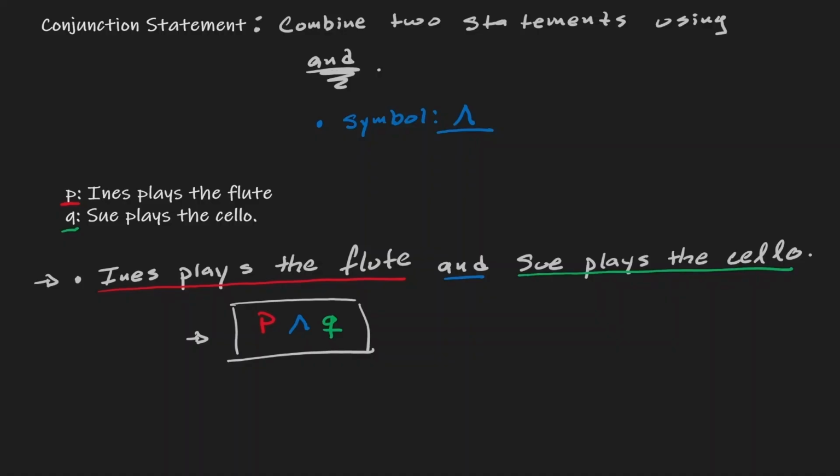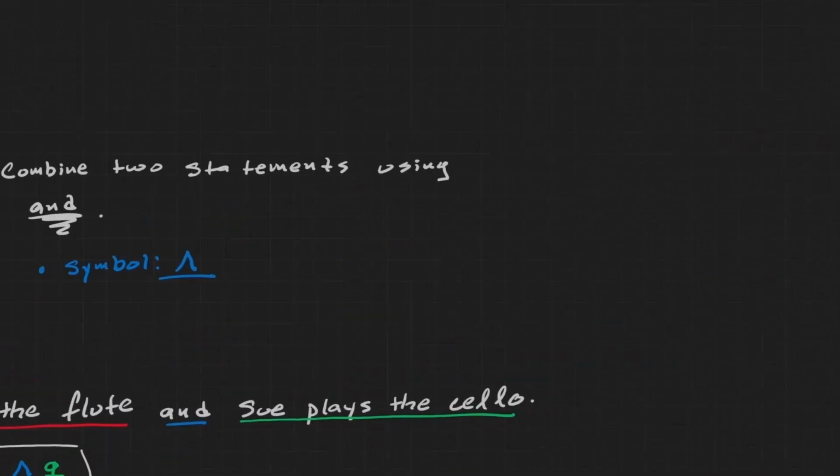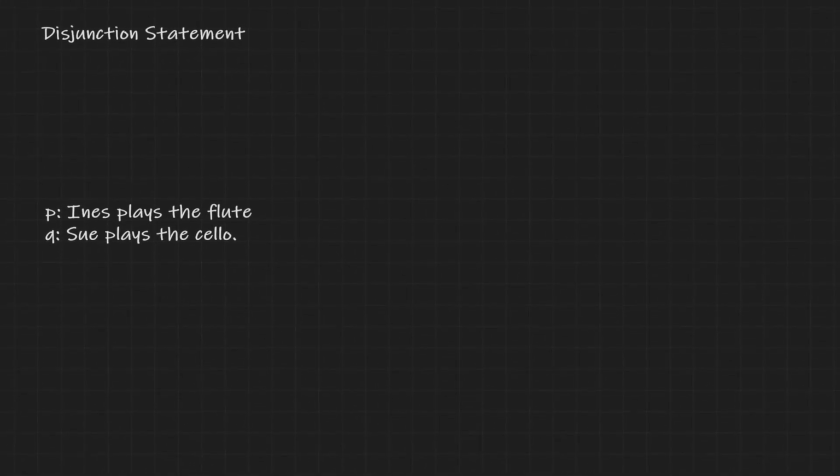So that's the idea of conjunction, whenever we combine two statements together using the word and. There's another type of compound statement that we need to define, and that is a disjunction statement.